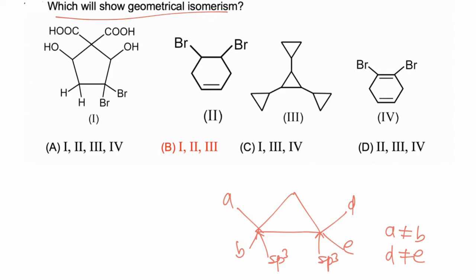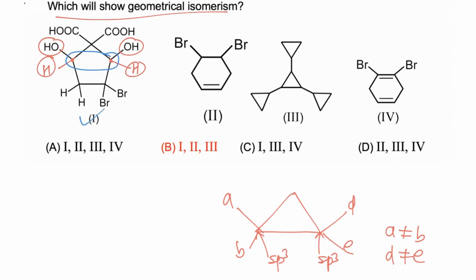Now we take the first example. In this molecule, these two atoms are sp3 hybridized having two different units, OH and H. So this molecule will show GI around these two carbon atoms. So the first will show GI.